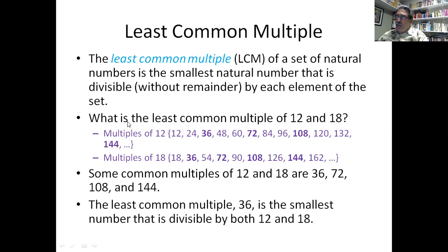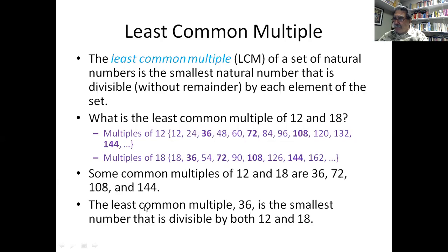So, for example, what is the LCM, least common multiple, of 12 and 18? You find the multiples of 12: 12, 24, 36, and it goes on, 144, keeps on going. Remember these three ellipses. And multiples of 18: 18 times 2, times 3, times 4, and it keeps going. Some common multiples of 12 and 18 are the ones I've written in bold for you.